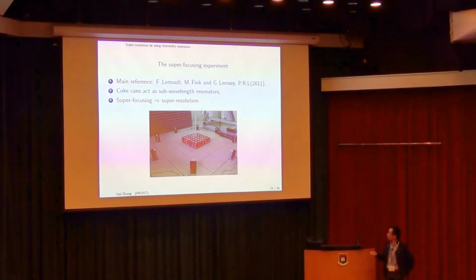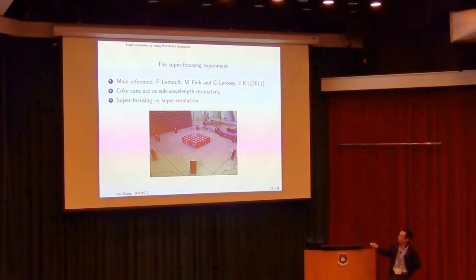They measured the focus spot, and they found that the focus spot has a size of about 0.1 meter. And then they did the same experiment without these cocoa cans. They found that the focus spot has a size of about 1 meter, which is 10 times the spot with the presence of cocoa cans.